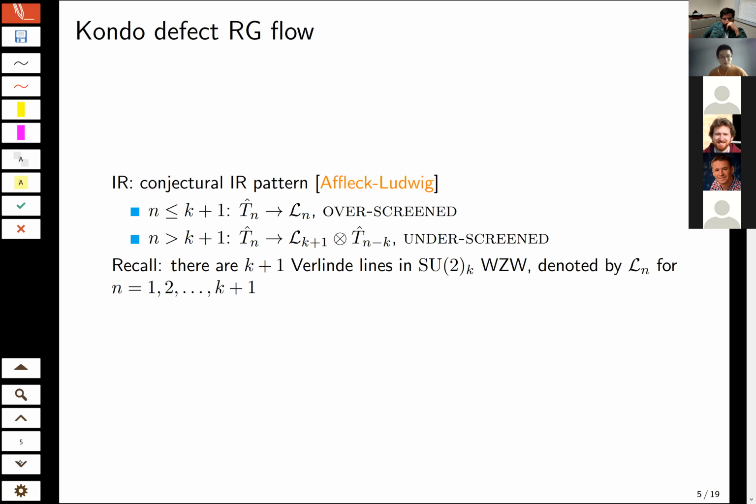Let me recall that there are k plus 1 Verlinde lines in the SU(2) level k WZW model. I will label this by curly L with the subscript n, and this n takes values from 1 to k plus 1. But when n is bigger than k plus 1, the situation is very different. You have a k plus 1 Verlinde line, but you still get an infrared Kondo defect, but with fewer spin.